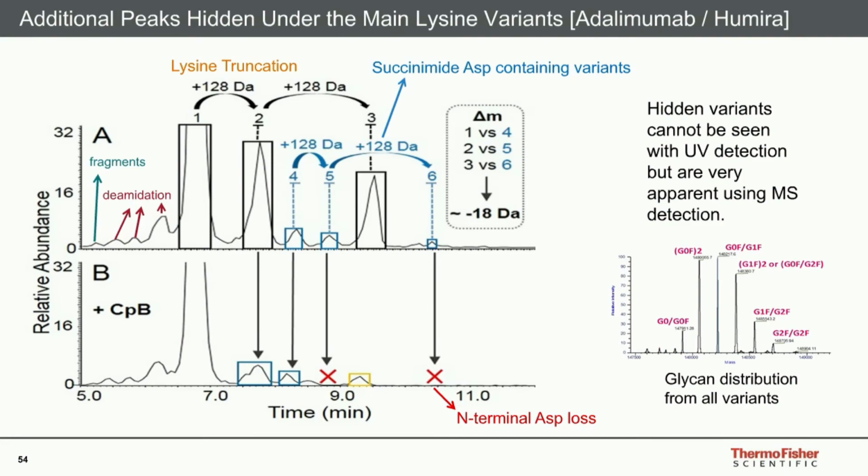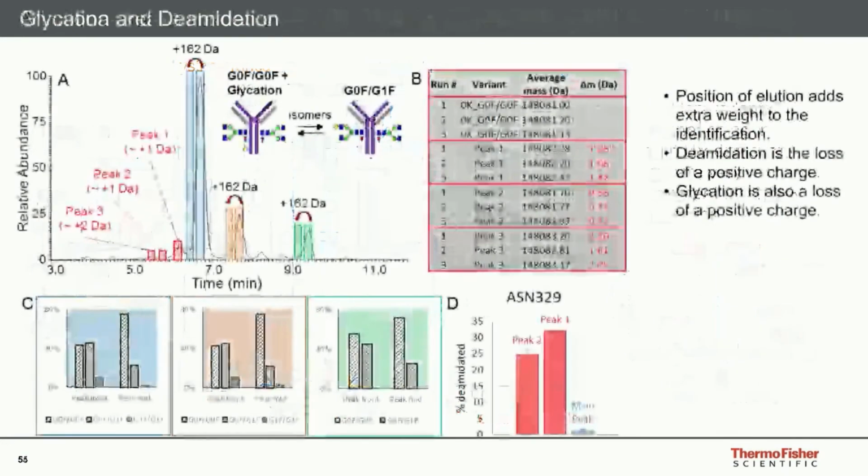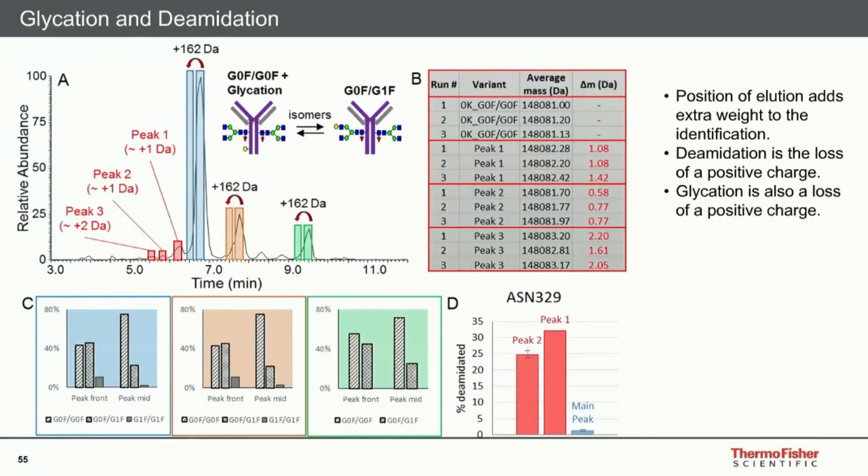They were also nicely identified in all the triplicate runs. That's also shown briefly here in the summary table. So in summary, we found many different variants for this one sample that was run in triplicate.